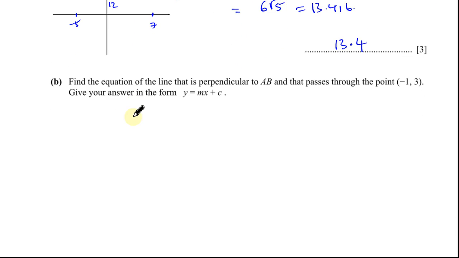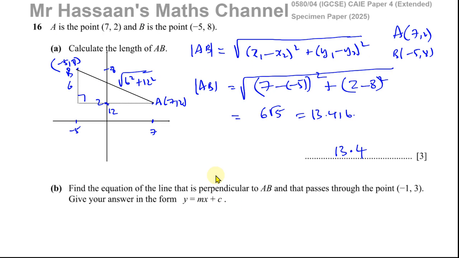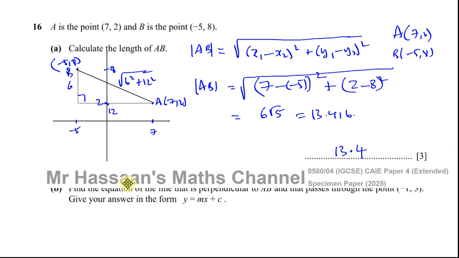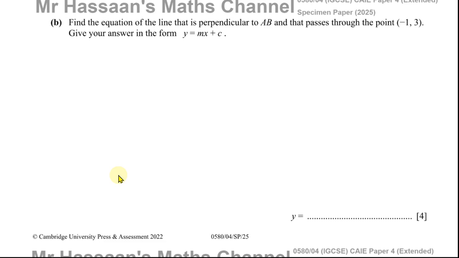Now, part B says find the equation of the line that is perpendicular to AB and passes through the point negative 1, 3. So now we have the point A, which is 7, 2.